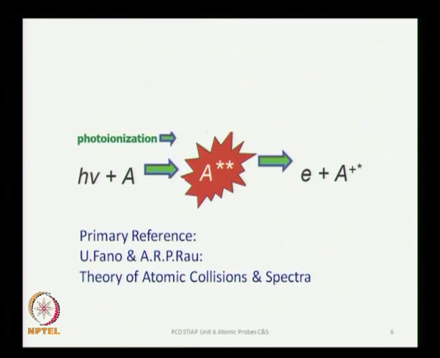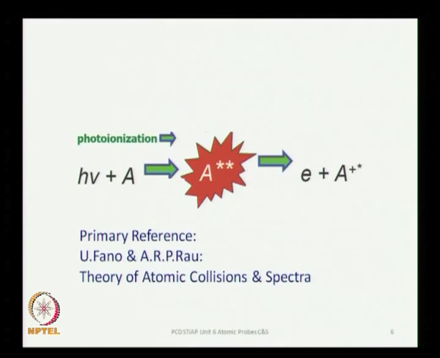So for the sake of generality, I have placed an asterisk over here and two asterisks over here. It is just suggestive of the fact that you may have different states of excitation, it is not that you have a unique excitation channel. So you have the photoionization event which is described like this.